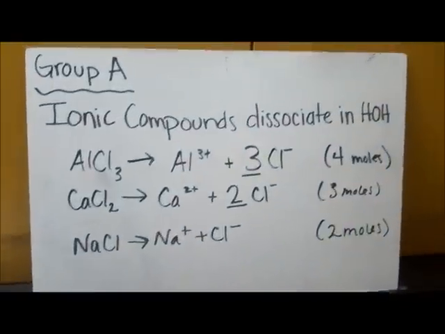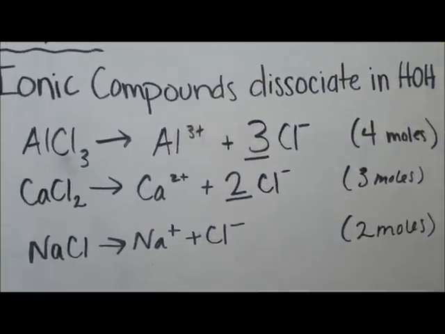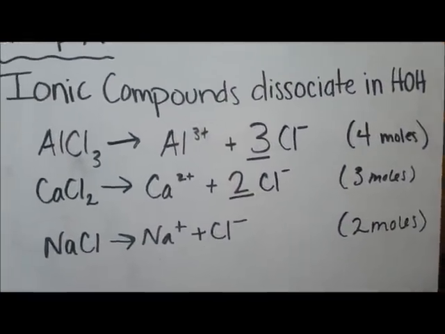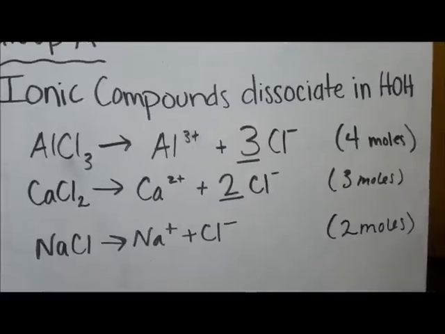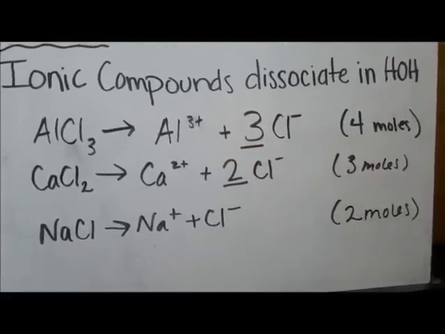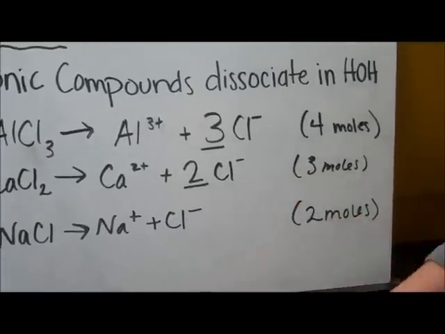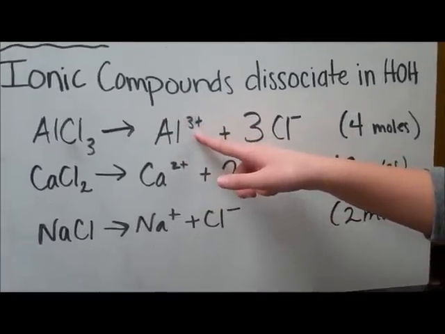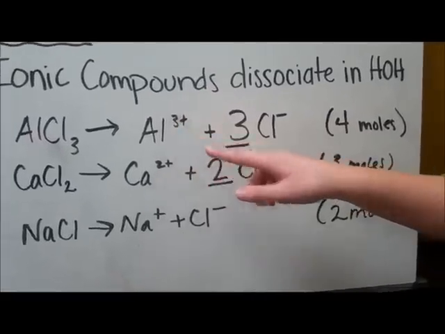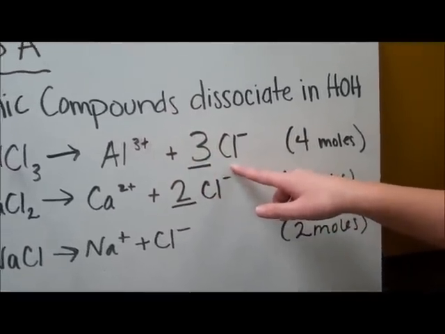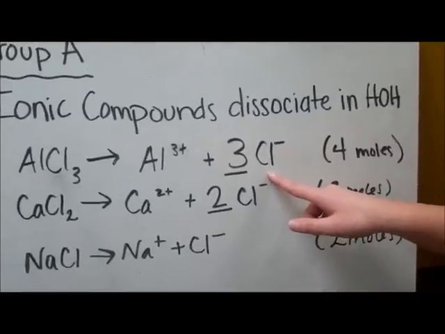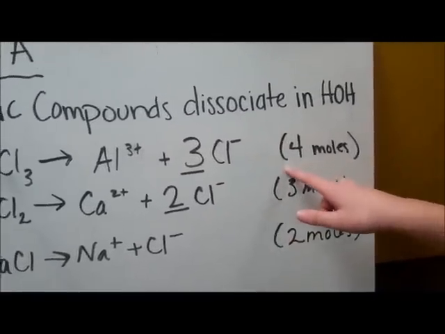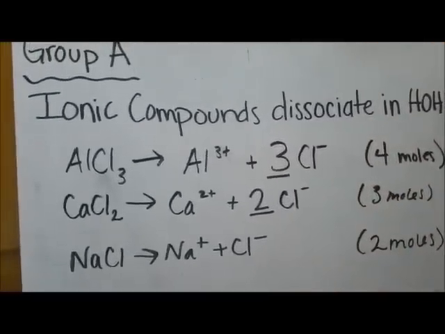So the group A compounds were all ionic compounds, which means they completely dissociate in water. So why do they have different conductivity values? The AlCl3 was the highest conductivity value because it produces 1 mole of aluminum, which has a charge of 3 positive, and 3 moles of chloride ions, which means that it produces 4 moles of ions when it dissociates.